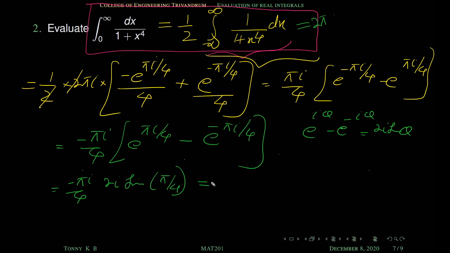I into I becomes minus 1, so there is one more minus sign, so this becomes plus, and this is pi, and we can cancel the 2 and 4, so this becomes pi by 2 into sin pi by 4. What is sin pi by 4? That is 1 by root 2. So this is equal to pi by 2 root 2. So the integral from 0 to infinity dx by 1 plus x raised to 4 is equal to pi by 2 root 2.